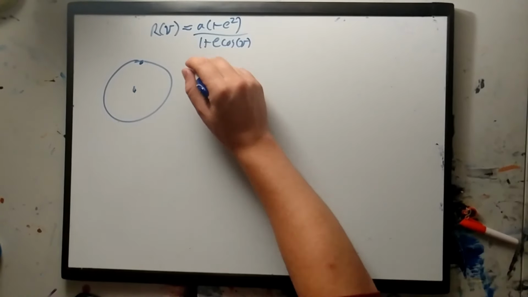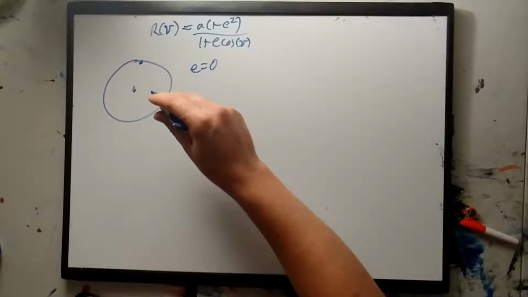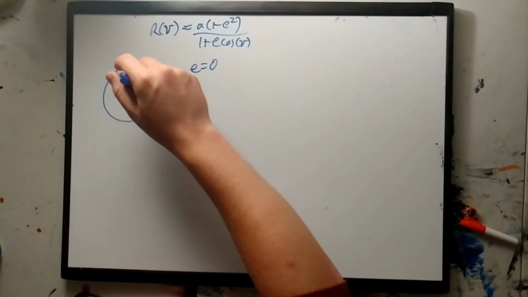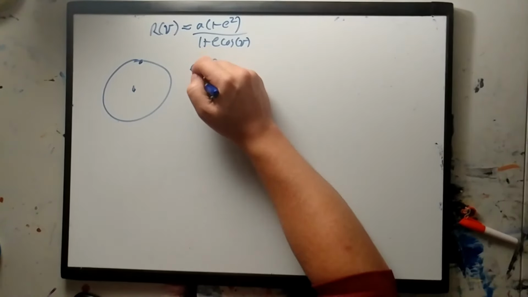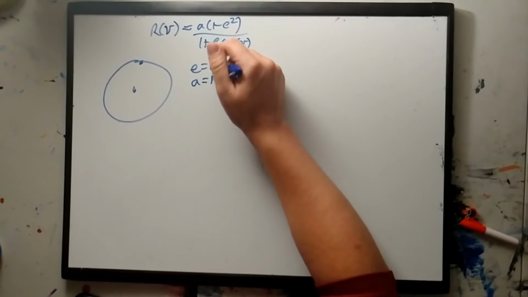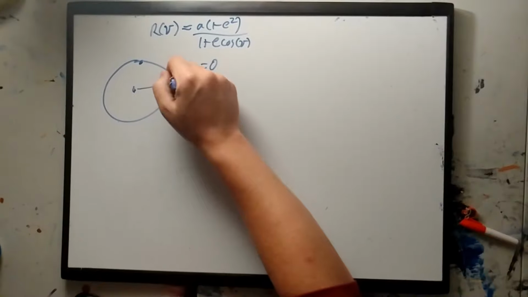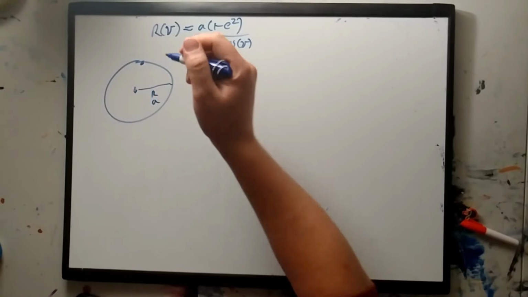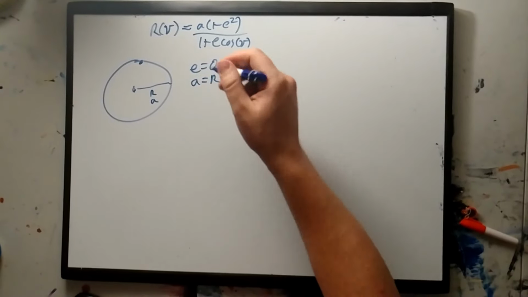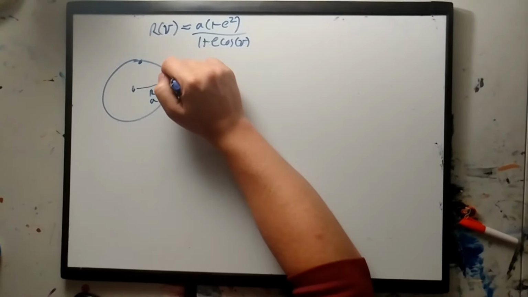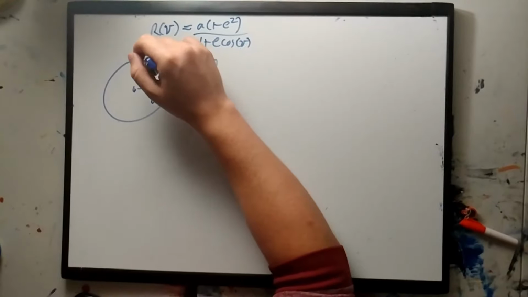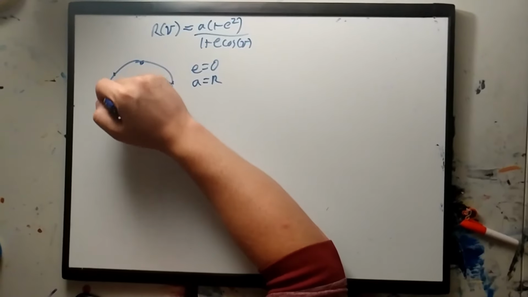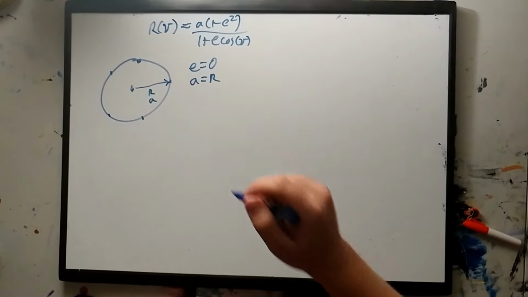That means there is no apoapsis and no periapsis. All points are equidistant from the center of the Earth, and thus our a is equal to r, and it's constant for the entire orbit. It's a circle.